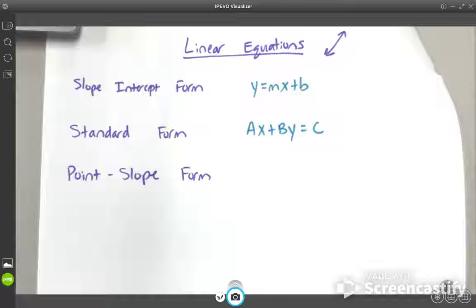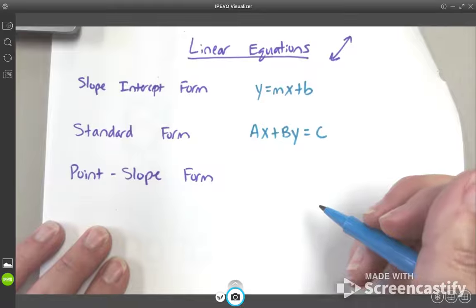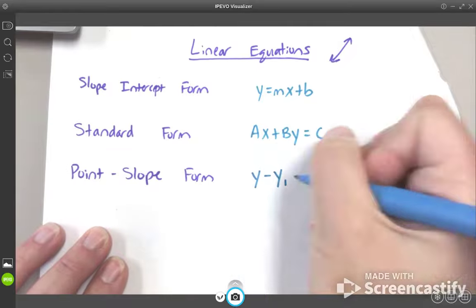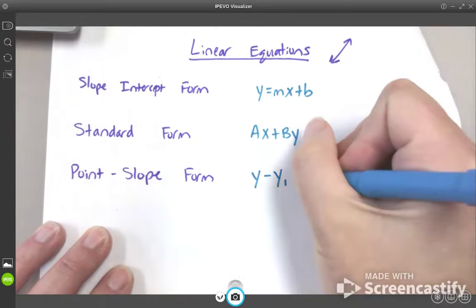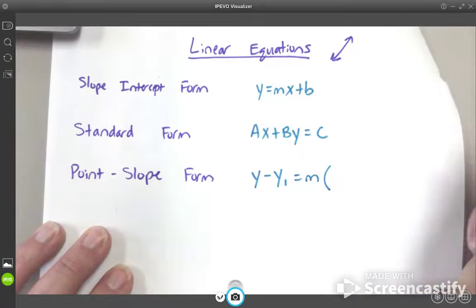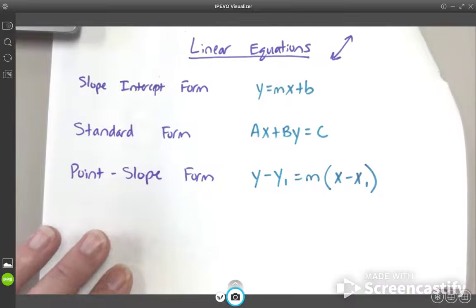So even though slope-intercept form is the most common, point-slope form is a close second for how often you would need it and use it. This is what point-slope form looks like, and then we'll get into it more in the notes. It is y minus y1 equals m times the quantity, so parentheses, x minus x1, parentheses.